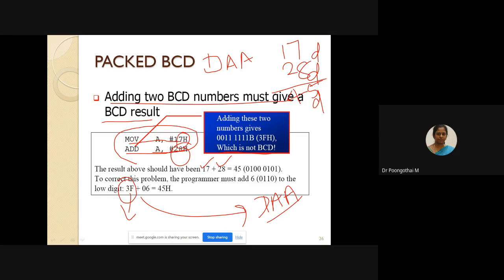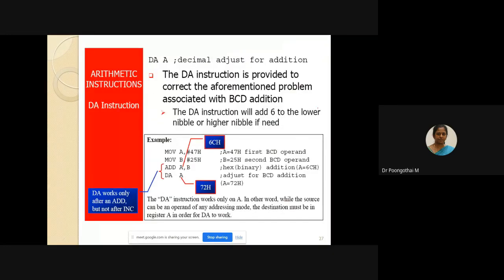That is the purpose of the DAA instruction. This is the syntax: DAA A, decimal adjust for addition. The DA instruction is provided to correct the above said problem associated with BCD addition. This instruction will add 6 to the lower nibble or higher nibble if needed.